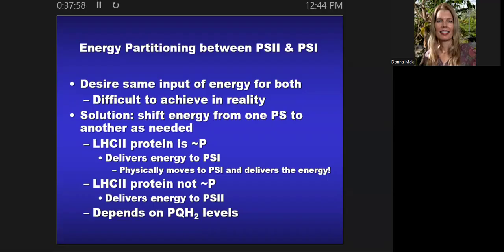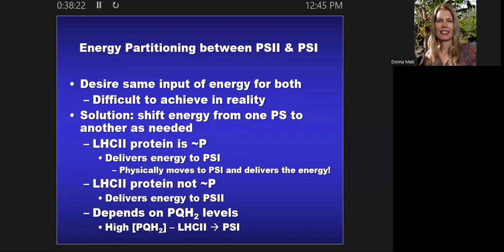this antenna complex. So basically, if the plant detects, oh boy, I have a lot of PQH2. So that's the reduced form, PQH2. So what that's saying is there's lots of reduced PQH2 building up.